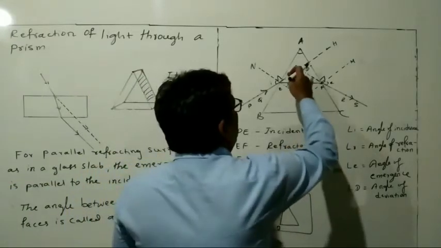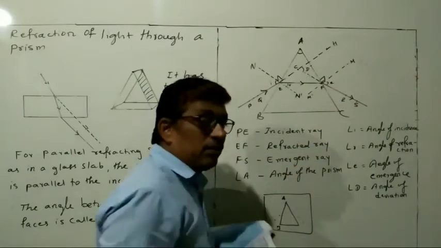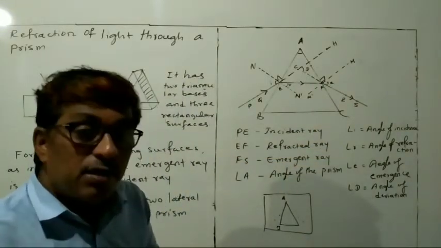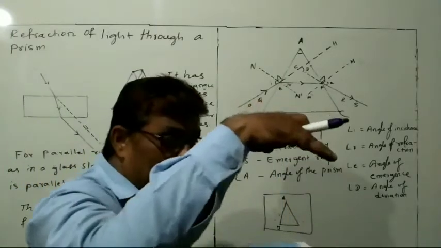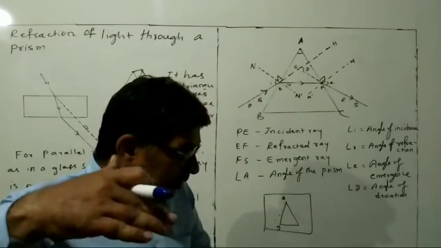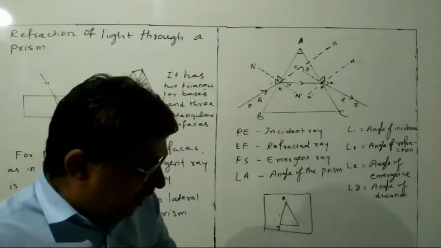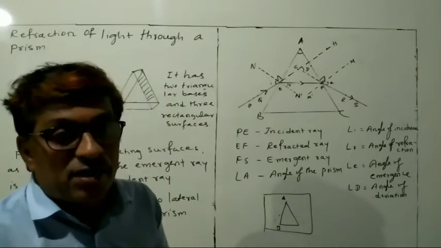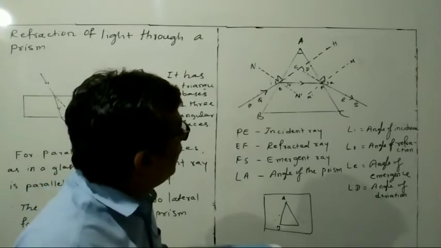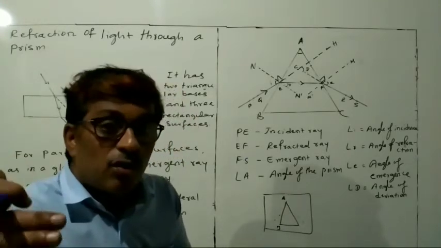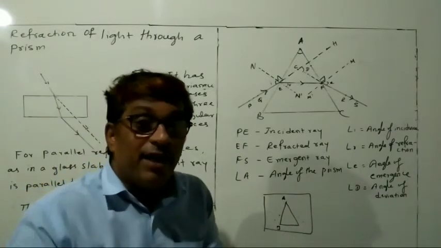So here it is bent towards the normal, and here bent away from the normal. When the light is entering from air to the glass, it bends towards the normal, and when it goes from the glass to the air, it bends away from the normal.